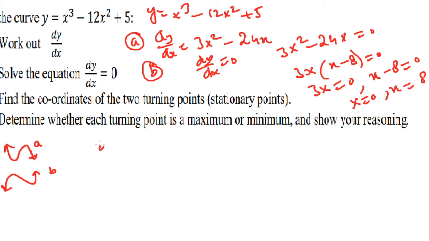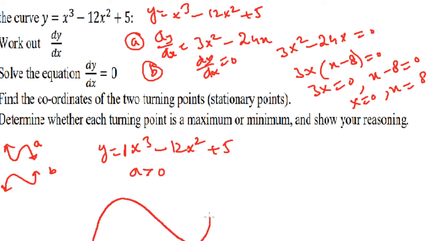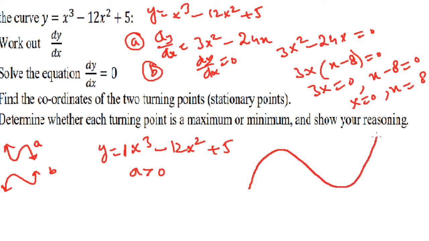Look at the function. It's x cubed minus 12x squared plus 5. Look at this value. This is a. In this case, a is greater than 0. So it means the curve will be in this way.